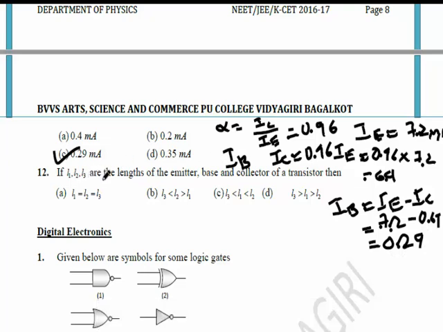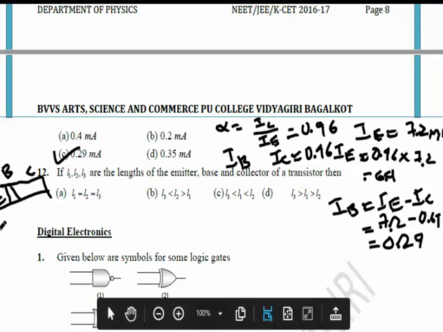Okay, next 12th question. L1, L2, L3 are the lengths of emitter, base and collector of a transistor. Now I will draw the picture of emitter, base and collector. See here, this is emitter, this is base, this is collector. Emitter is medium, base is least, collector is highest.